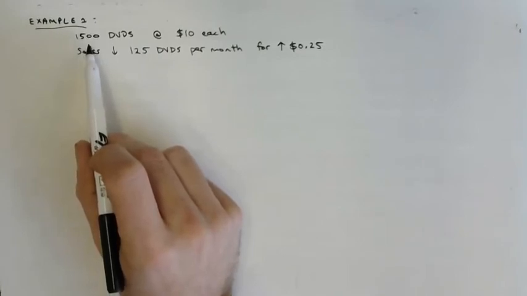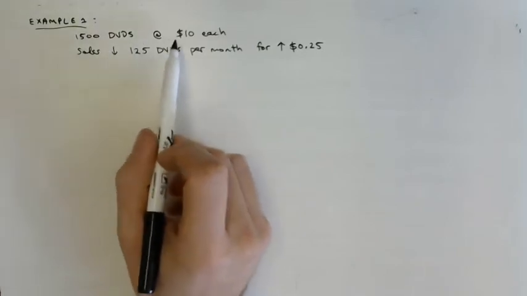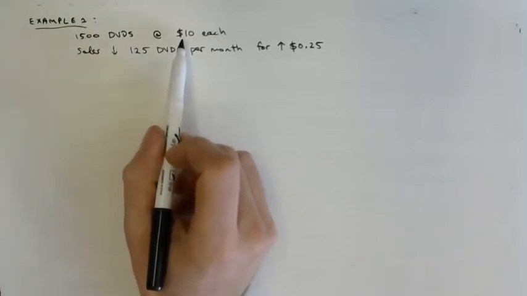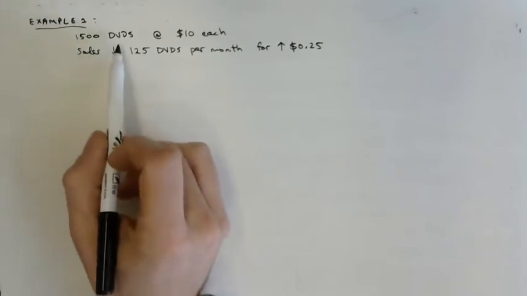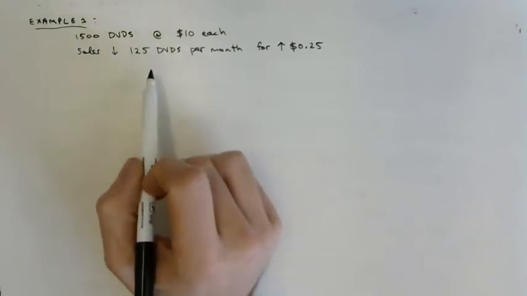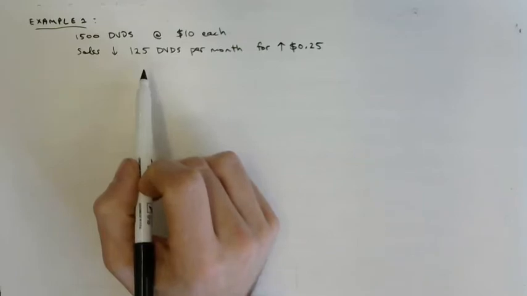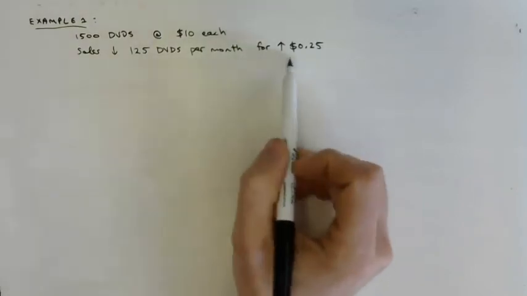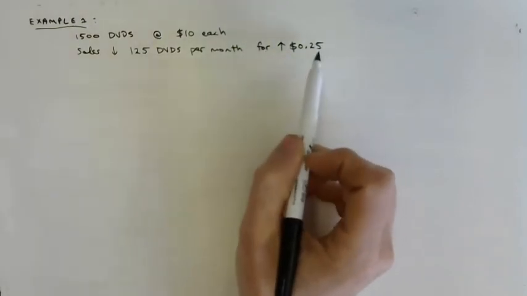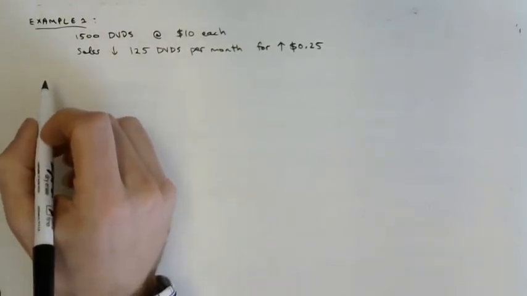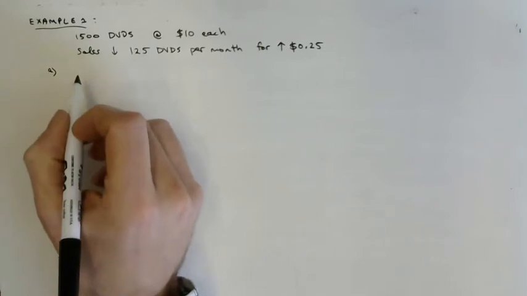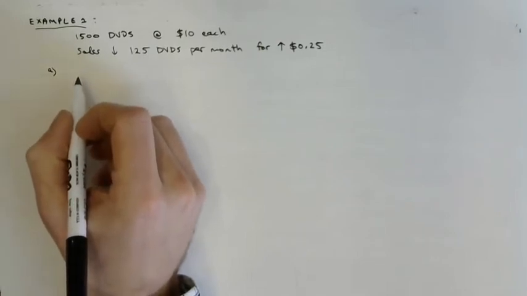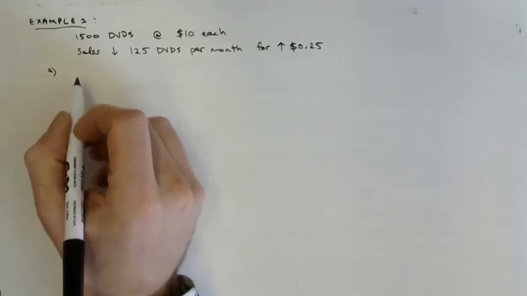Right now, they're selling 1,500 DVDs at $10, and we're going to find out how many they sell at different prices, essentially. So we're going to see that demand function in action. The first thing we're going to do, A, is determine the demand function or price function. Those are the same thing.